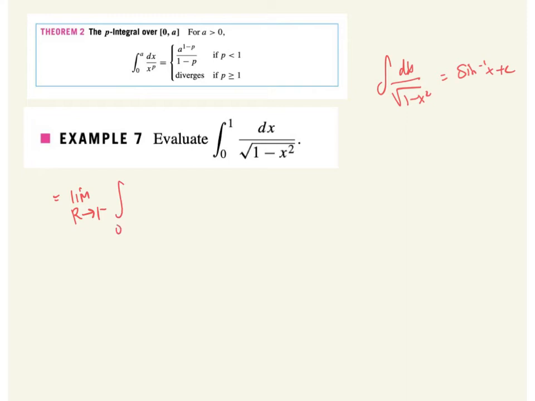The integral 0 to r, okay. So then this ends up integrating first to sine inverse of x from 0 to r.